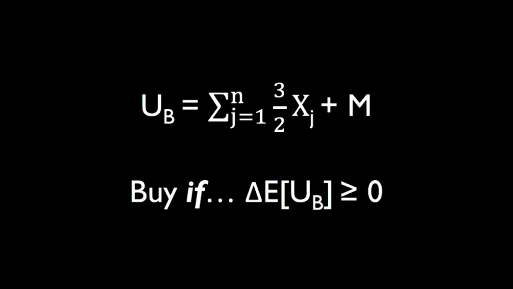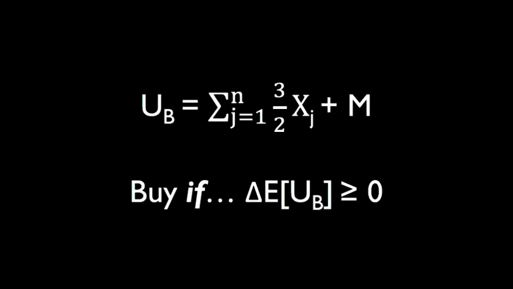Well, what we eventually get is that the expected change in utility for the buyer, who likes each unit of car quality at a level of 3/2, would be 3/2 times the expected quality of the car he would be purchasing minus the price. When we set that greater than or equal to 0, we get that 3/2 the expected quality of this additional car needs to be greater than or equal to the market price in order for the buyer to wish to buy one of these cars.